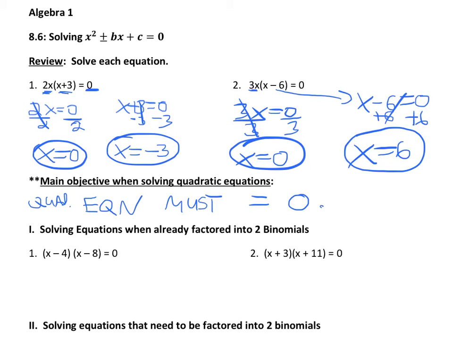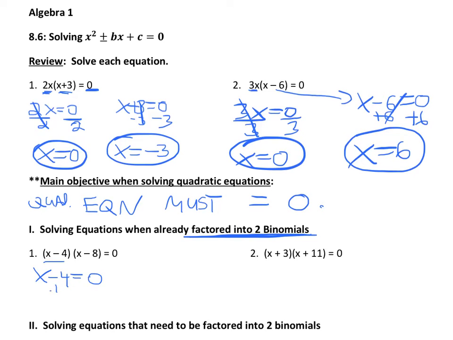Alright, kind of applying this, 1 and 2, you can see they're already factored into two binomials. Now this is what we did, like the last couple days, we factored into two binomials. So if we look at number 1, that's already factored out for us. The quantity of x minus 4 times the quantity of x minus 8. Well, real easy. You just set both of these factors. We're going to set x minus 4 equal to 0.